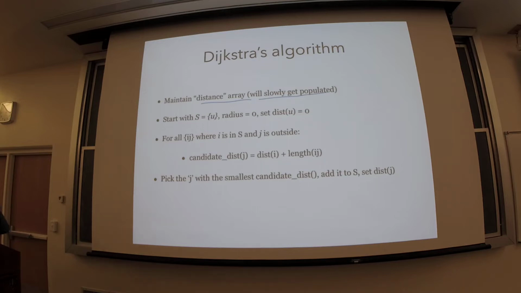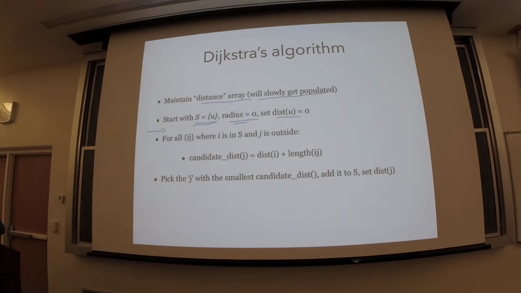And how do we know this? So we say that you start with S being the single vertex U, radius equals 0, and you set distance of U to be equal to 0. And then we do this. Oh, I forgot to add a loop here.